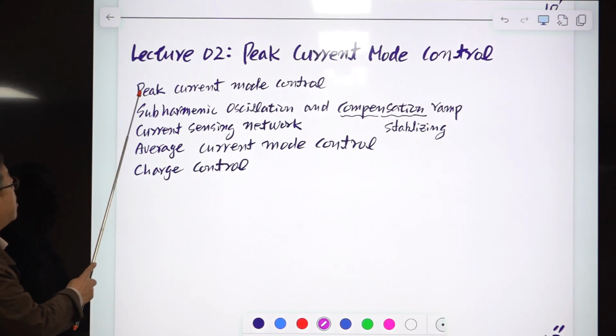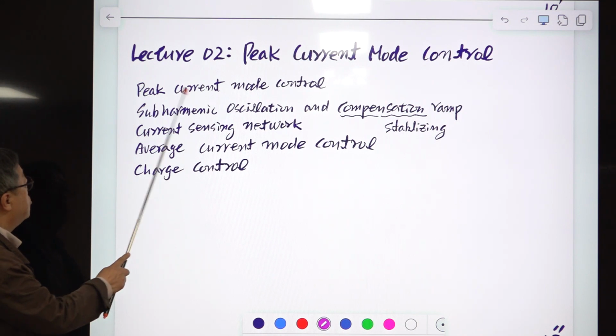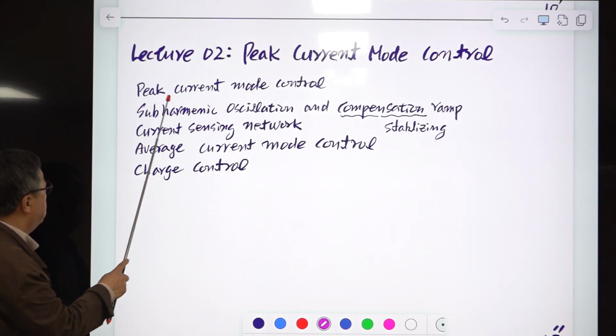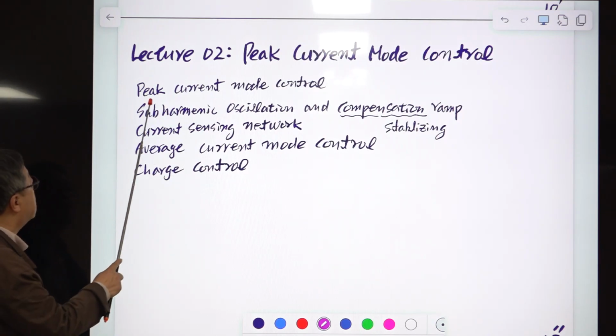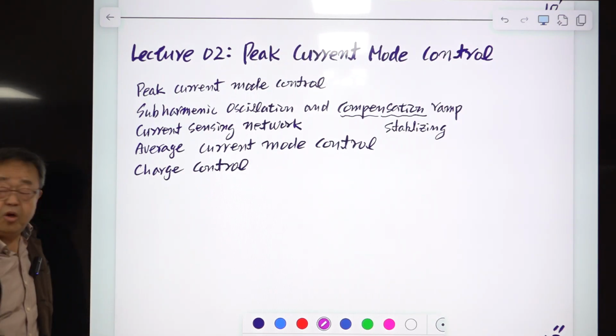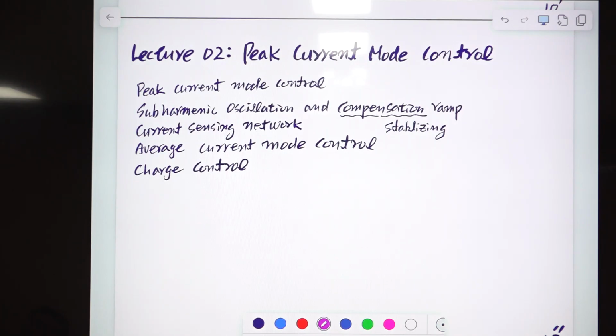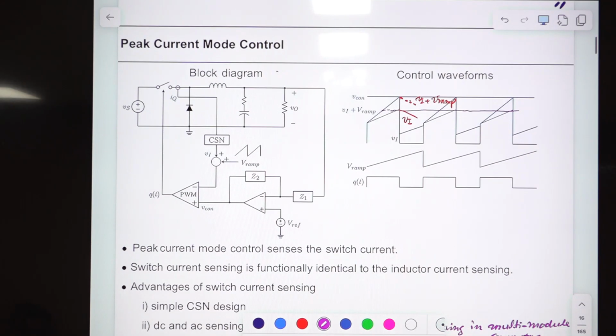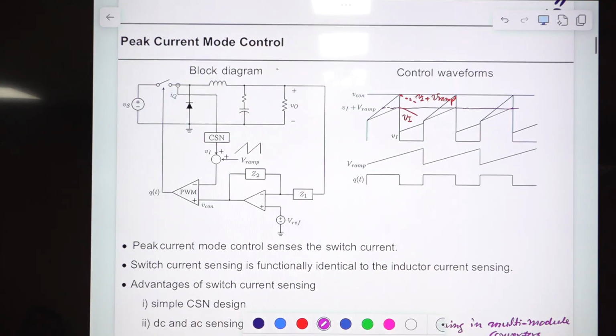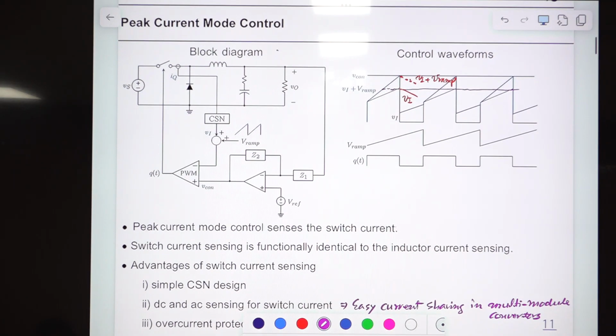They are derived from peak current mode control by modifying something, by adding some circuitry. We will be discussing that. All right, so first, let me explain peak current mode control.